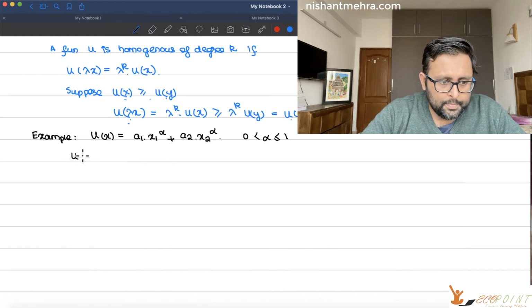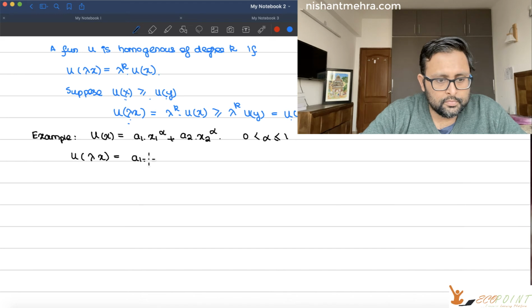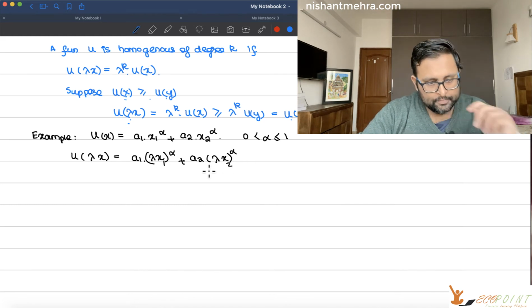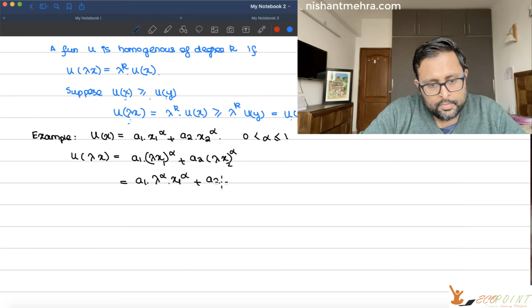But you just increase x1 and x2 both by lambda. So it becomes a1 lambda to the power alpha x1 to the power alpha plus a2 lambda to the power alpha x2 to the power alpha.